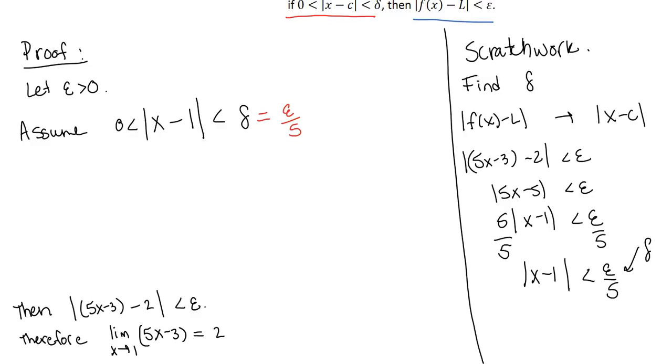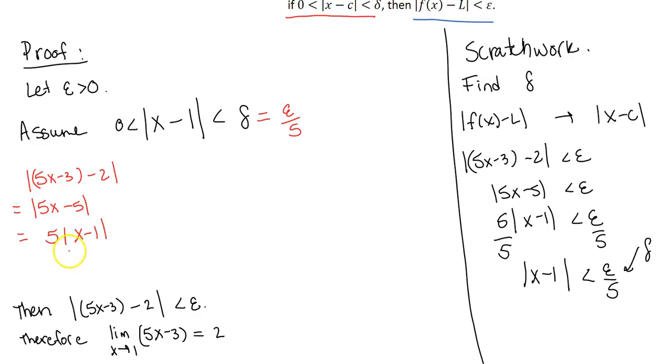and then I'm going to fill in the work to get from this point down to here. So I'm going to show that this has to be true. So I'm going to start off with 5x minus 3 minus 2, and I'm going to observe that that's equal to 5x minus 5, which is equal to 5 times the absolute value of x minus 1.